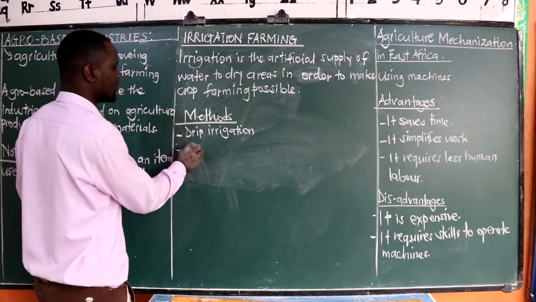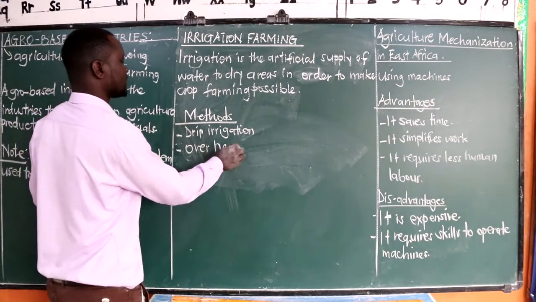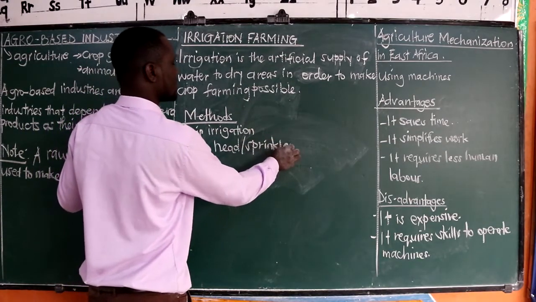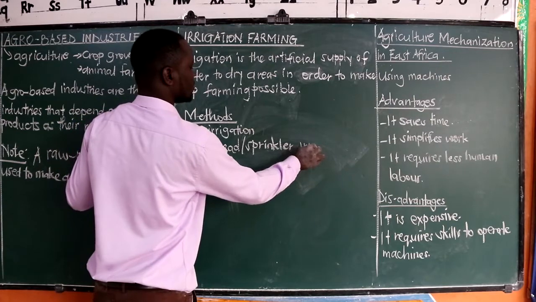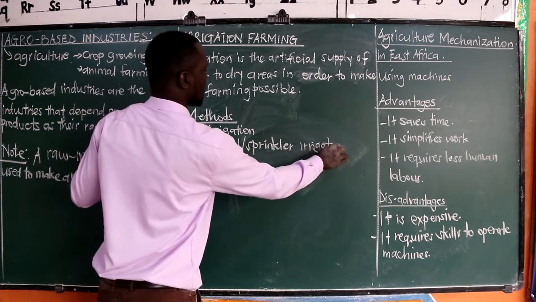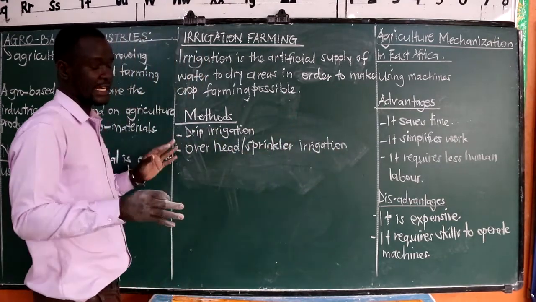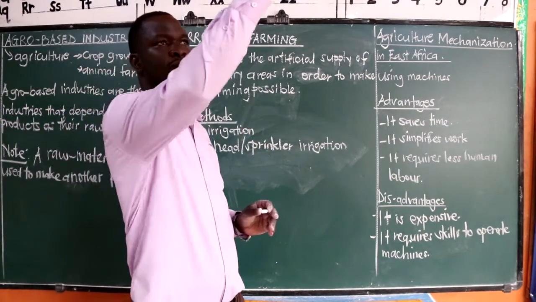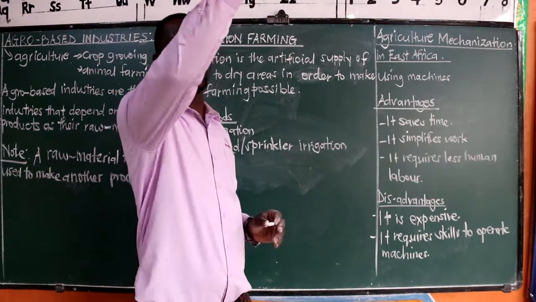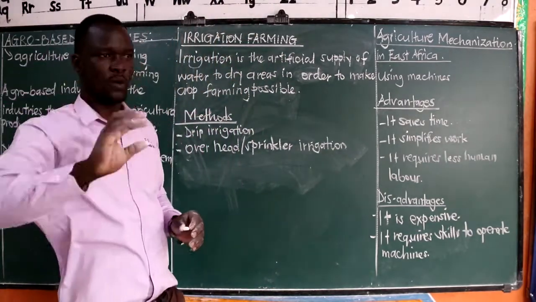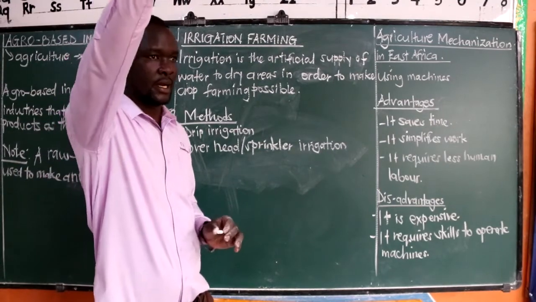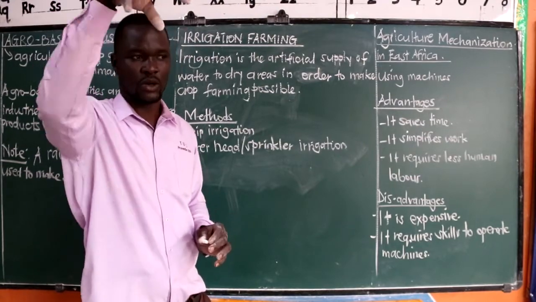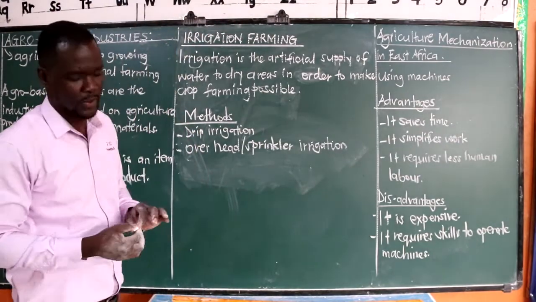And then we have what we call overhead, which can also be called sprinkler irrigation. With sprinkler irrigation, water is connected and the pipes spray the water over the crops. That's what we call overhead irrigation or sprinkler irrigation.